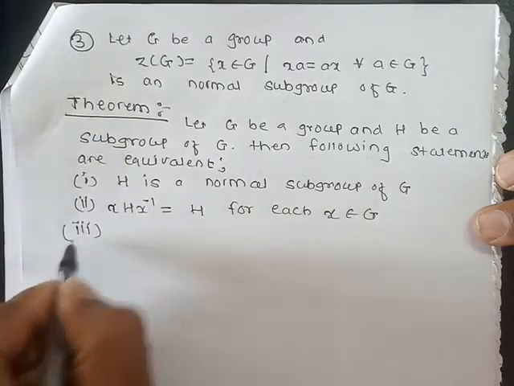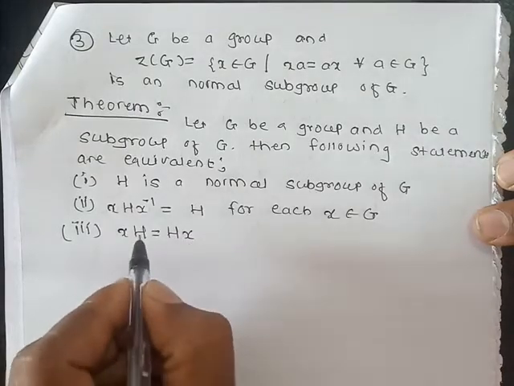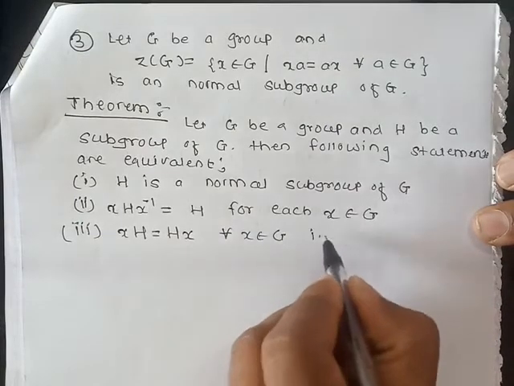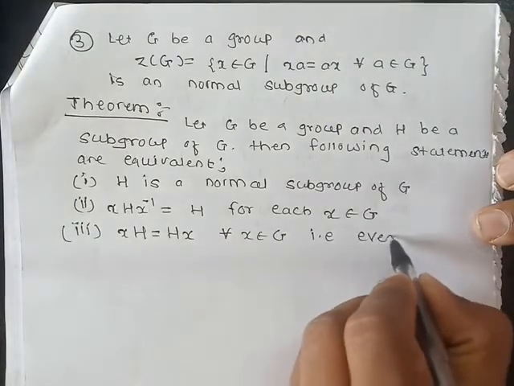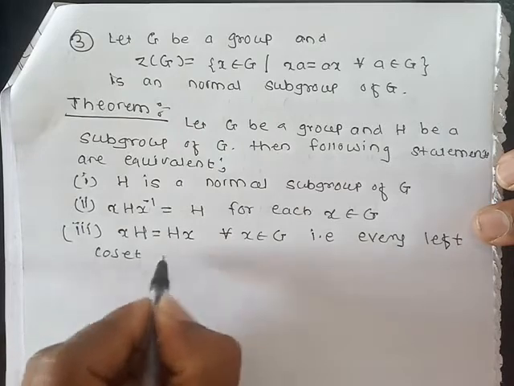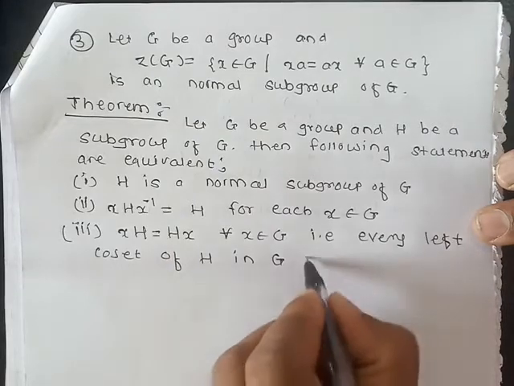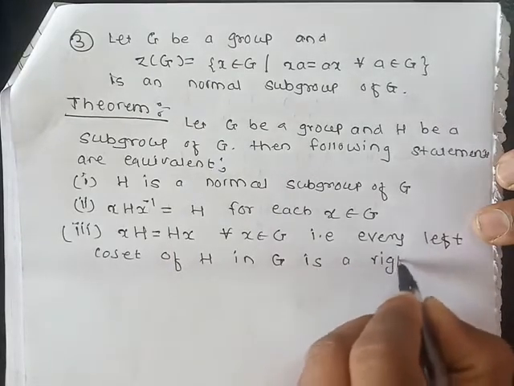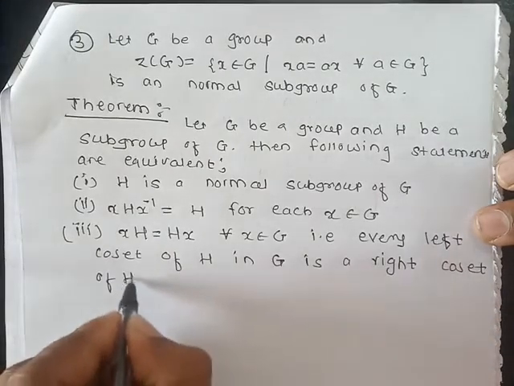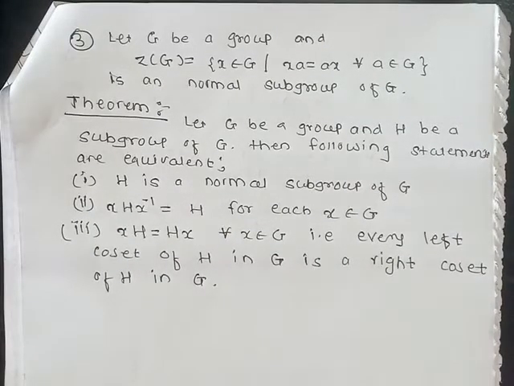Third one: xH is equal to Hx for all x belongs to G. That is, every left coset of capital H in G is a right coset of capital H in G. So these three statements are equivalent.